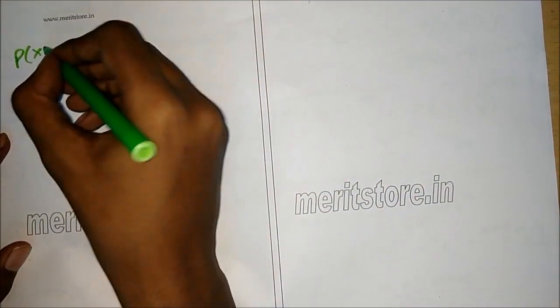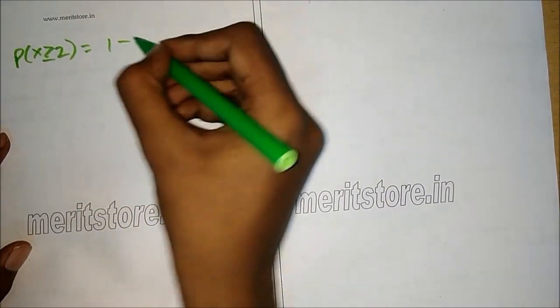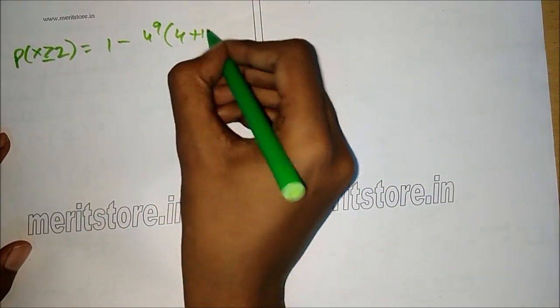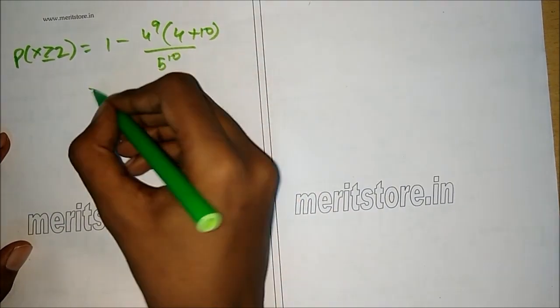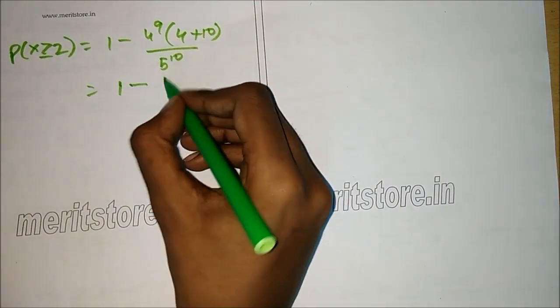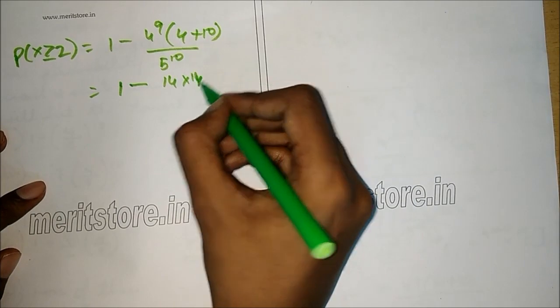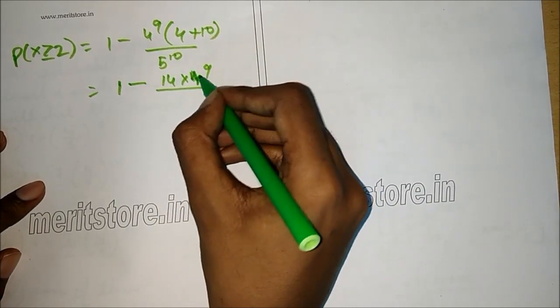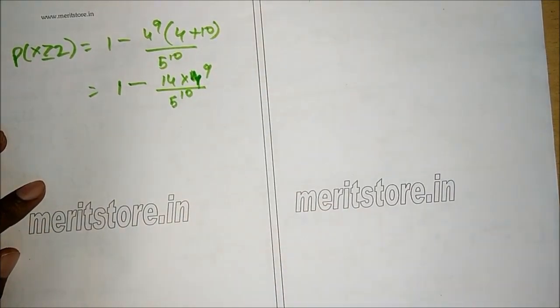So P of X greater than or equal to 2 was 1 minus 4 raised to 9 into 4 plus 10 by 5 raised to 10. This was 1 minus 14 into 4 raised to 9 divided by 5 raised to 10.